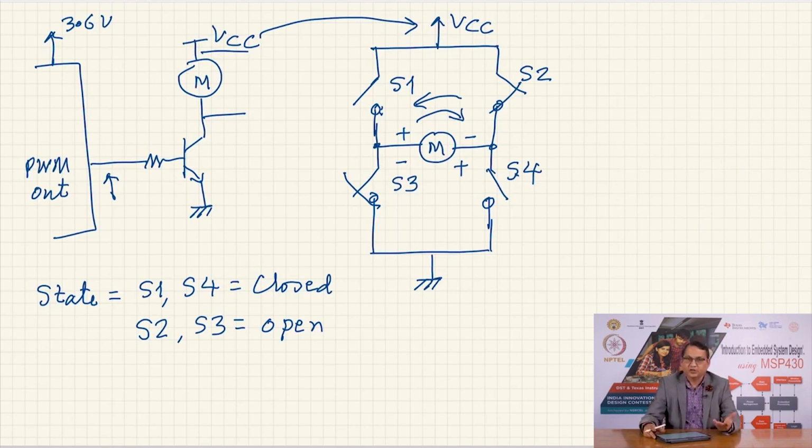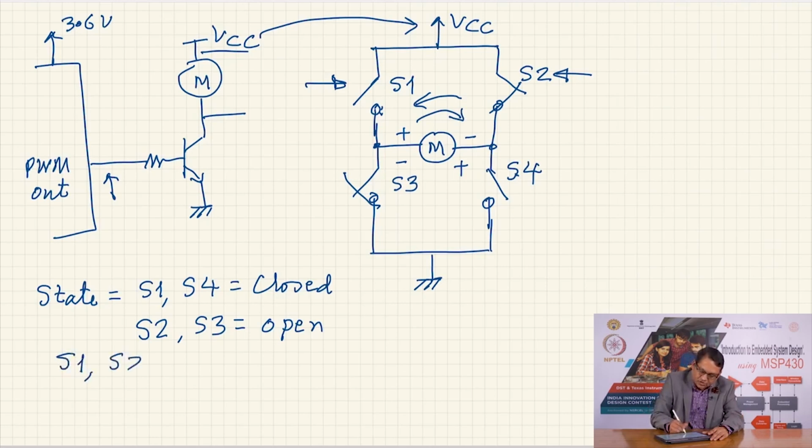Now, how do I control the speed? Do you recognize that if switches S1 and S2 were implemented using electronic components such as BJTs and MOSFETs, then S1 and S2 become high side switches? Why? Because they are connected to the high side of the circuit.